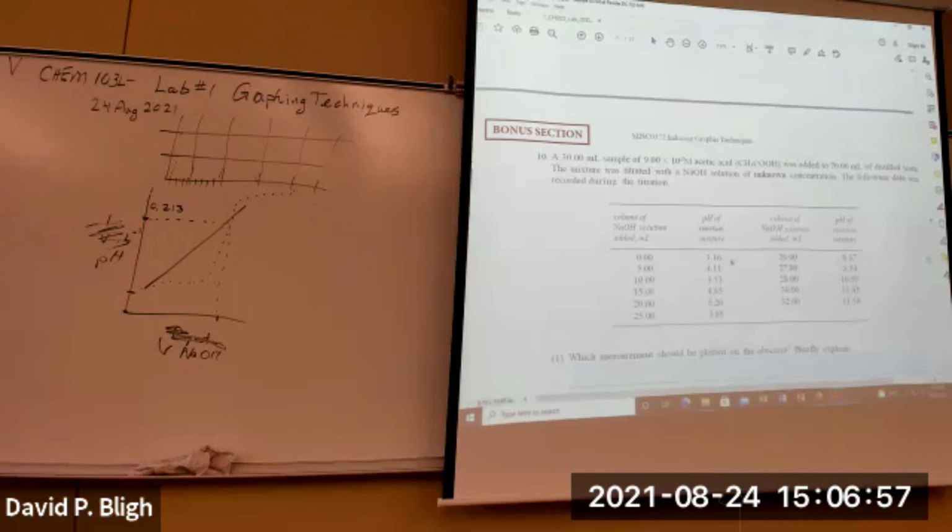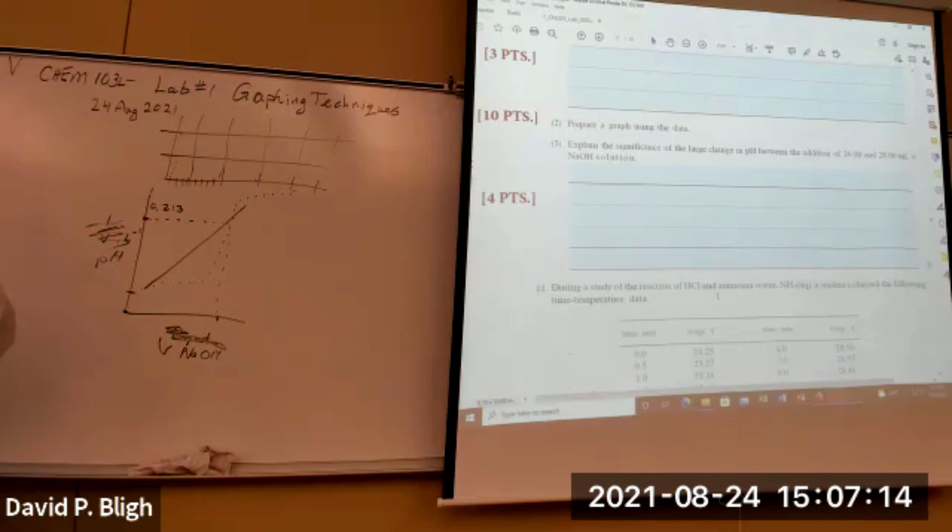But the pH, it could be anything. And when you divide it up, you want to set up your scales in such a way that it's easy to read where your point needs to be. Right? You don't want it to be an odd number so that you have to kind of guess. It's best if you have a line right where your value is going to be. And then you can follow it across easier.